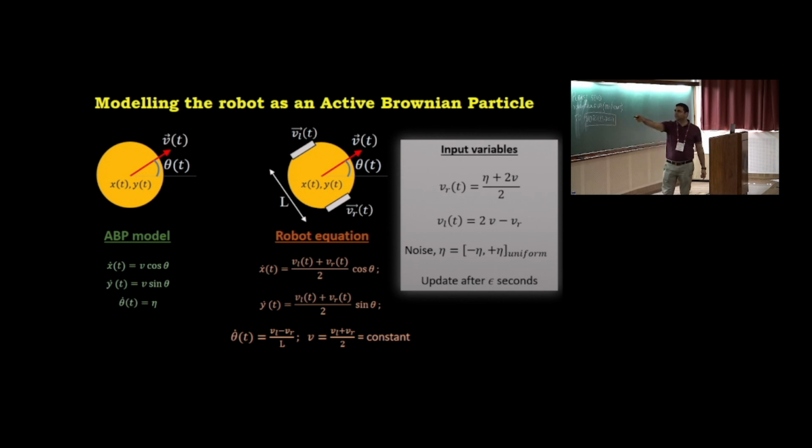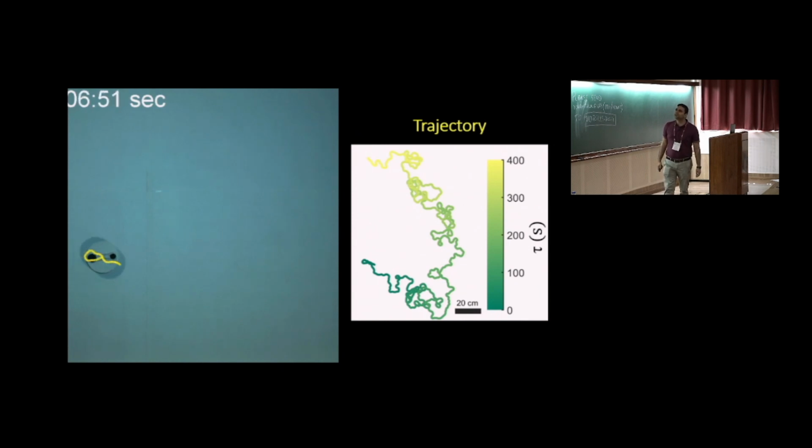The noise we have picked is a uniform distribution from minus eta to plus eta with equal probability. These numbers get updated after every epsilon seconds, which is on the order of milliseconds, and which we can tune to any value. I'll quickly show you.